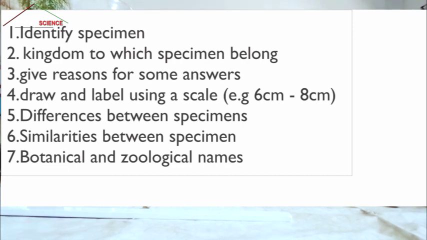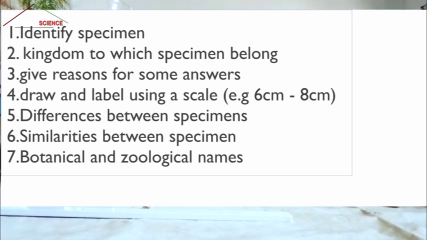Number 6 says state the similarities between specimens. Here, all you are asked to do is write out the common similarities you see between those specimens that you have been asked to identify.